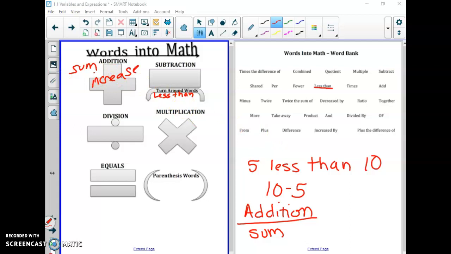Okay. And then for subtraction, Elizabeth said take away. Take away. For division, Rylan said divided by.